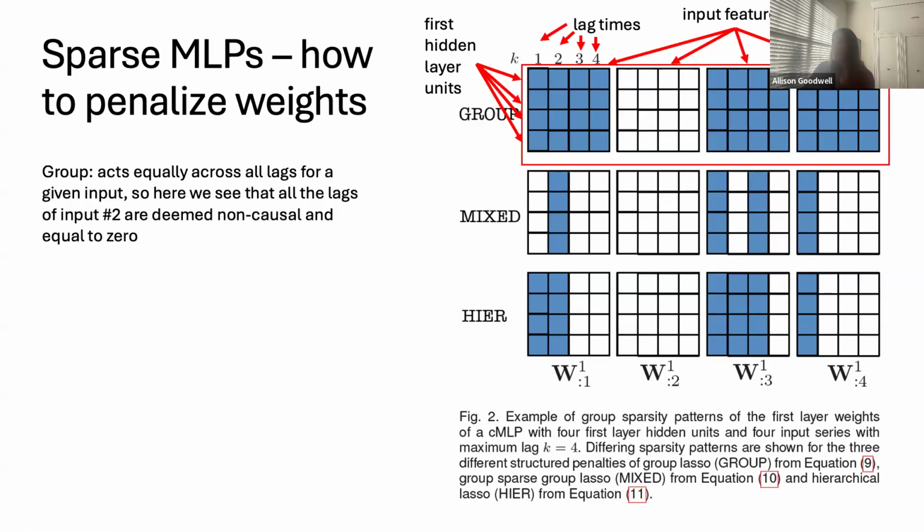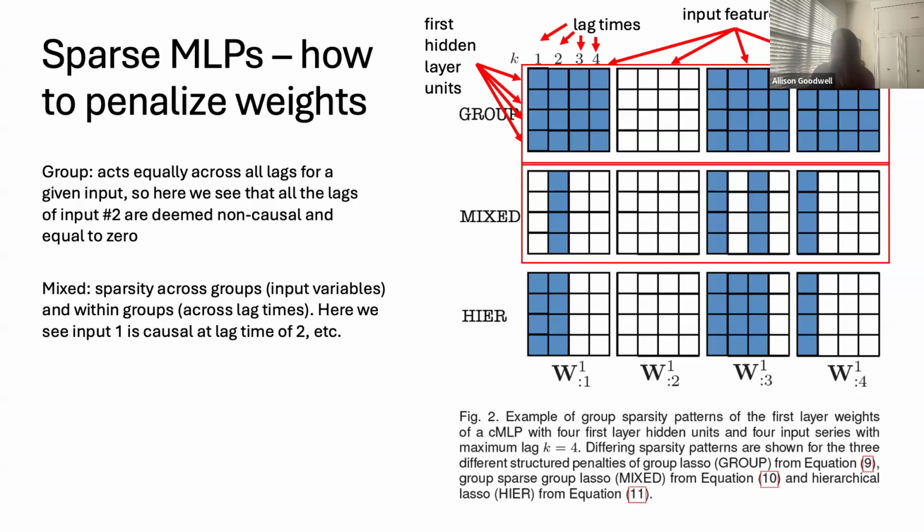And basically, in this group method, this would be a penalty that acts equally across all lags for a given input. So just in this illustration, we find that for the second input, all of those weights get zeroed out, and we say that the second input is non-causal, and all the other 3 inputs are causal to whatever we're trying to predict.